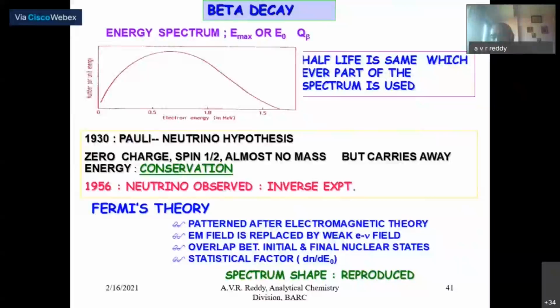Both the parent and the daughter have the same configuration, whatever it is, starting nucleus and final nucleus. There is no difference except in odd A, where even-odd will become odd-even. That is the meaning, right?